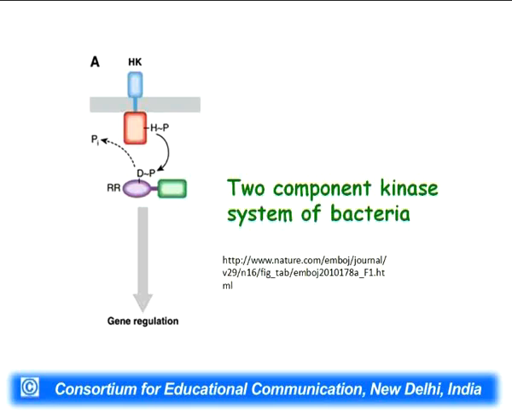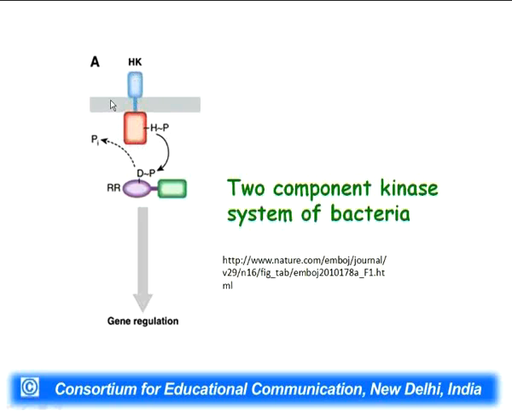In brief, this receptor is split into two, and one part is attached to the membrane. This is called histidine kinase, or it is written here as HK, that has a histidine which is phosphorylated. Suppose this is the receptor; it can bind with the ligand, and the ligand binding would activate this receptor, and the histidine molecule will be phosphorylated.